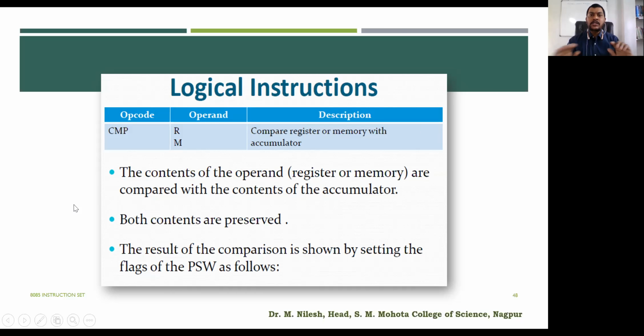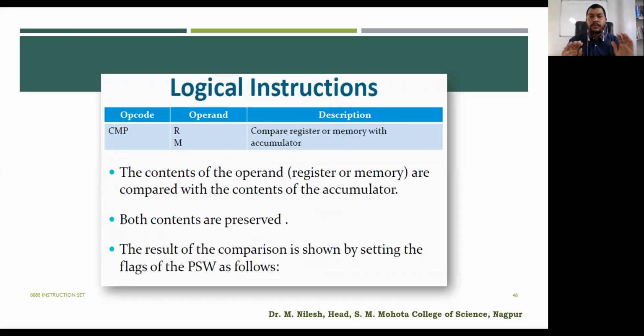What is going to change? The flags: sign, carry, auxiliary carry, parity and zero. These flags are being affected. Actually, what the compare instruction does is subtract the contents of the register or memory from the contents of the accumulator, without changing the contents of the accumulator and register both.